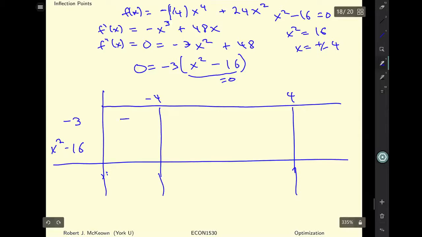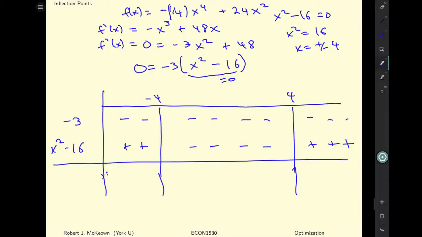Negative 3, wow, that's a negative for sure. Now, x squared, if we've got a value less than negative 4, say negative 5, this is going to be positive. Then if we've got, say, negative 3 in there, the whole expression is going to be negative. And if we've got a positive value in there like 5 squared minus 16, that's going to be positive. So we've got positive out here on the right.